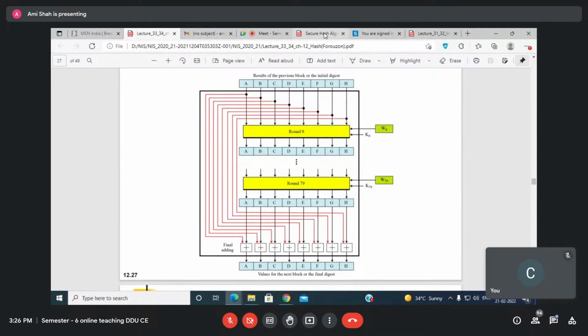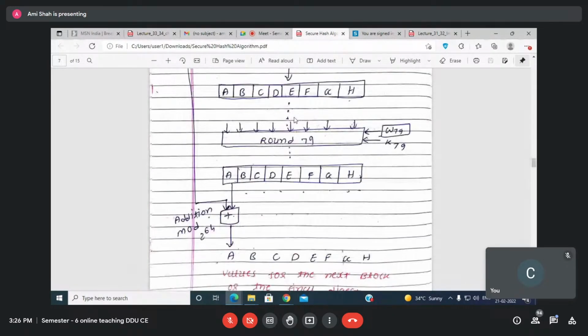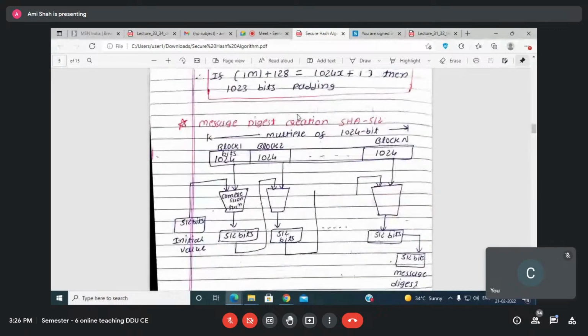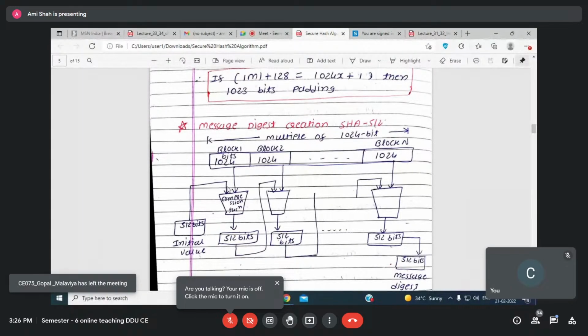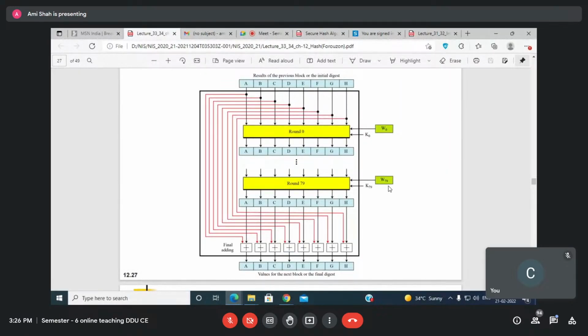Now I think Priyank has asked me a question about where these particular words are used. See, Priyank, in this case these are the initial values, and in block 1 the total is 1024 bits. How many? Total 16 words, each of 64 bits. When rounds 0 to 79 are performed, you observe in this figure that the words are used.